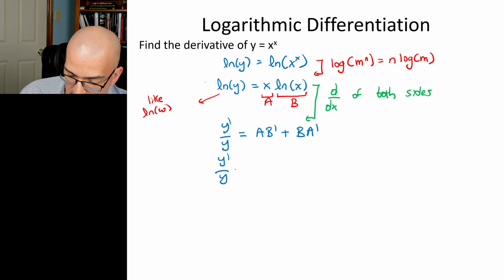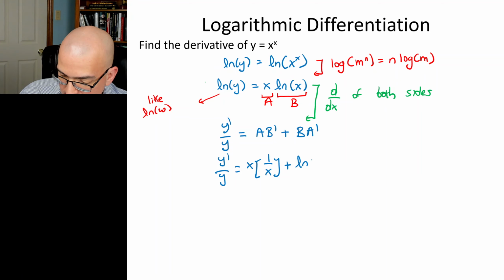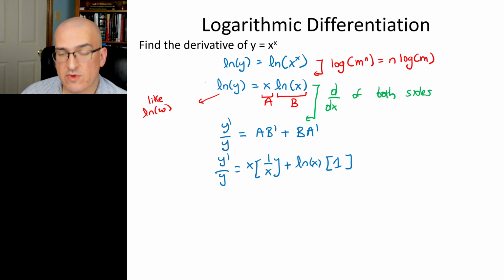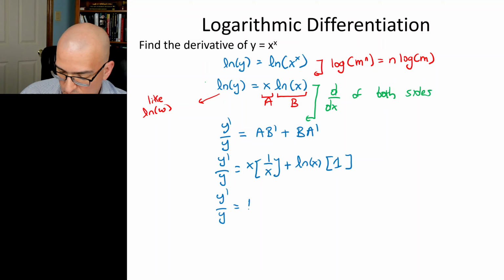So y prime over y is equal to a, which is x, times b prime, the derivative of ln of x is 1 over x, plus b, ln of x, multiplied by the derivative of x, which is 1. We can simplify. x times 1 over x is 1. Ln of x times 1 is just ln of x. So we get y prime over y is equal to 1 plus the ln of x.